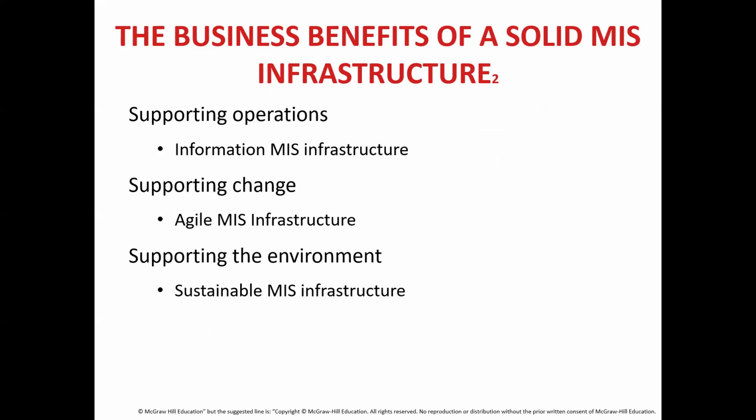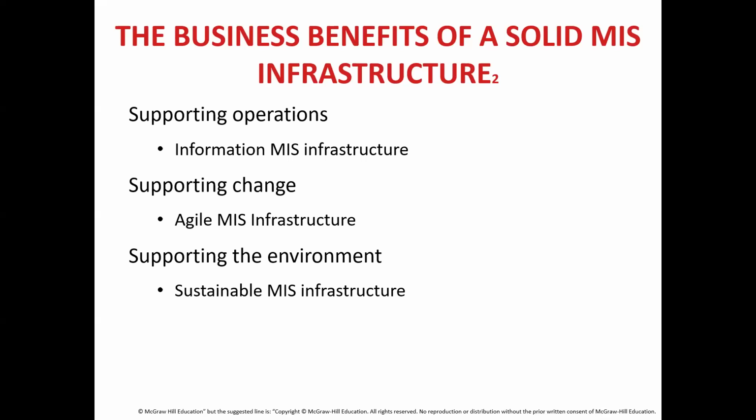The business benefits of a solid MIS infrastructure continued. The MIS infrastructure supports three major functions. First one is supporting operations. Information MIS infrastructure identifies where and how important information such as customer records is maintained and secured. Supporting change.